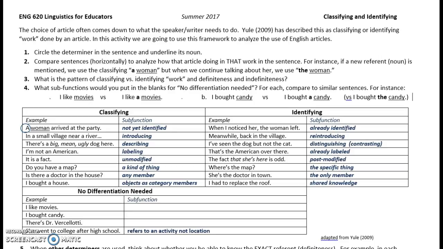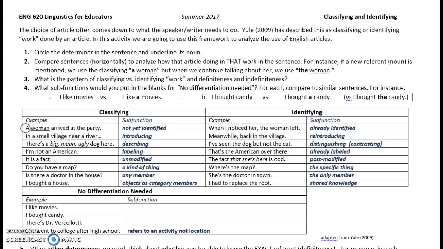If I said, a woman arrived at the party, the subfunction here: a is the article, woman is the noun that we're talking about. The subfunction that Yule has identified is called not yet identified. We would say a woman arrived at the party if in the story that we're telling, the woman has not yet been identified.